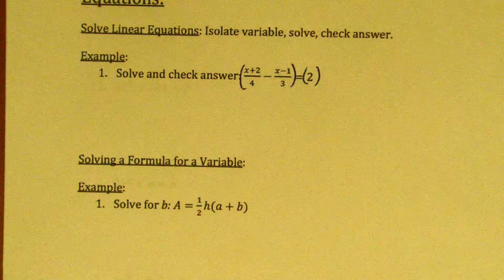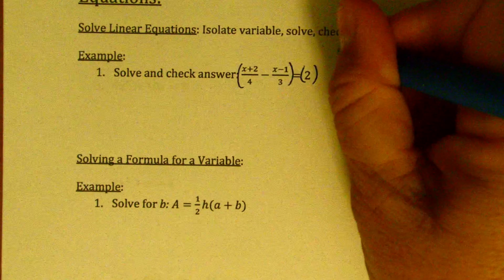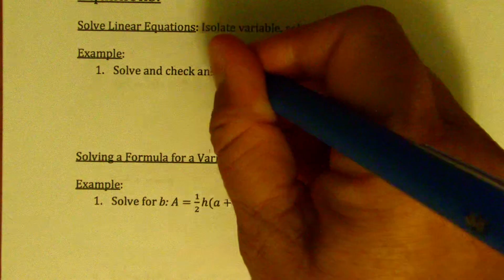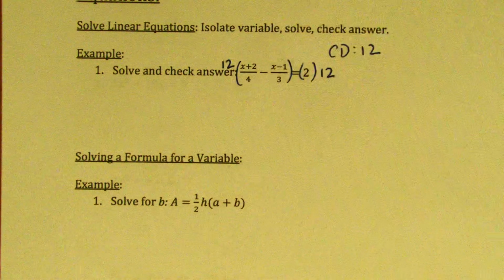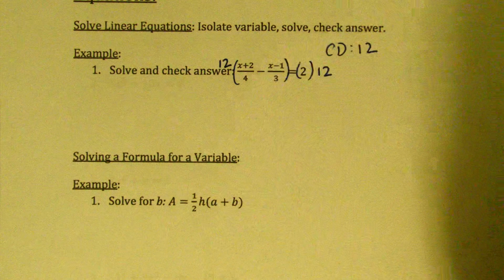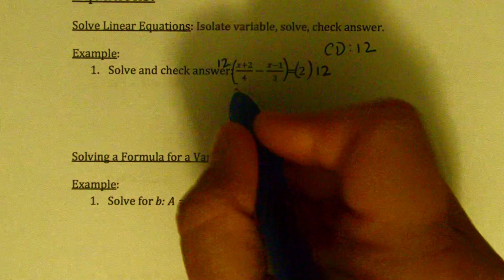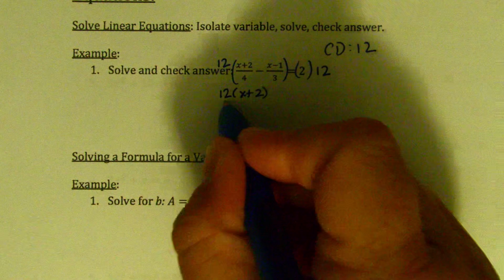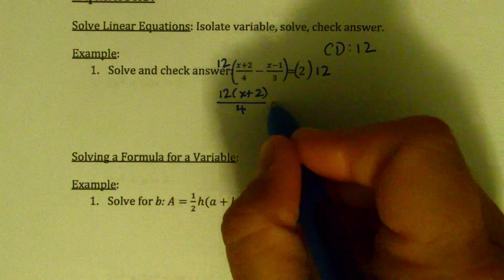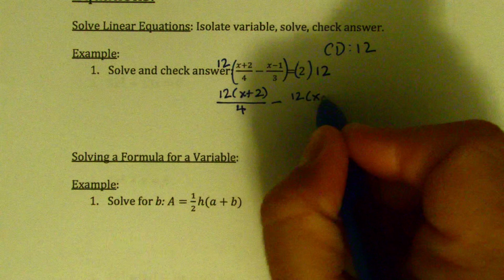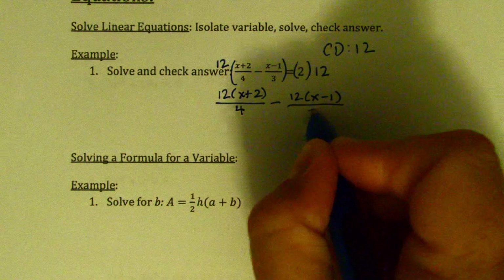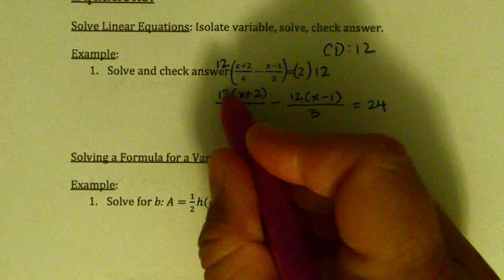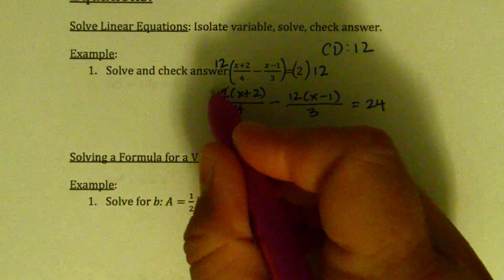denominator everywhere. Well, between 4 and 3, the common denominator would be 12. So I'm going to multiply both sides of my equation by 12. And on the right-hand side, that's going to be 24. On the left-hand side, I have 12 times x plus 2 over 4 minus 12 times x minus 1 over 3 equals 24. 12 and 4 reduce.